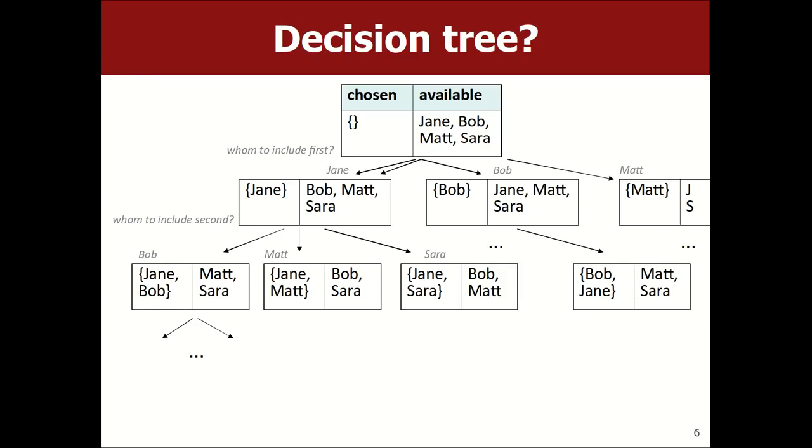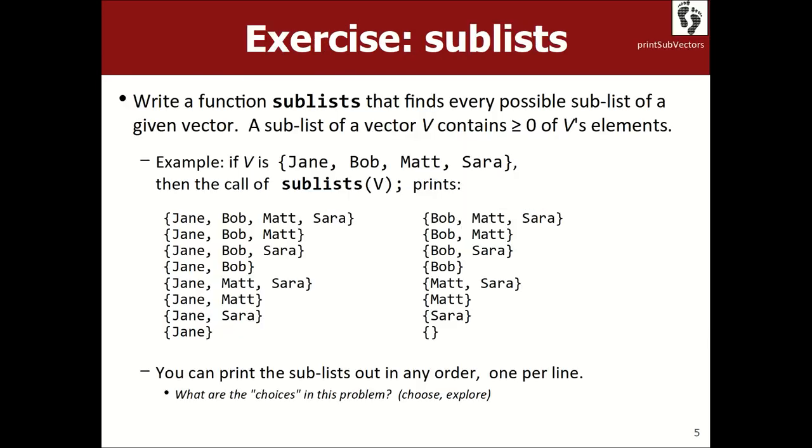If we loop over the elements and choose them and explore them and unchoose them like this, I think that leads to permutations. I think that leads to Jane Bob and Bob Jane. You see that? I don't really want Jane Bob and Bob Jane. That's orderings of elements. I want all the possible combinations of people being present or not.